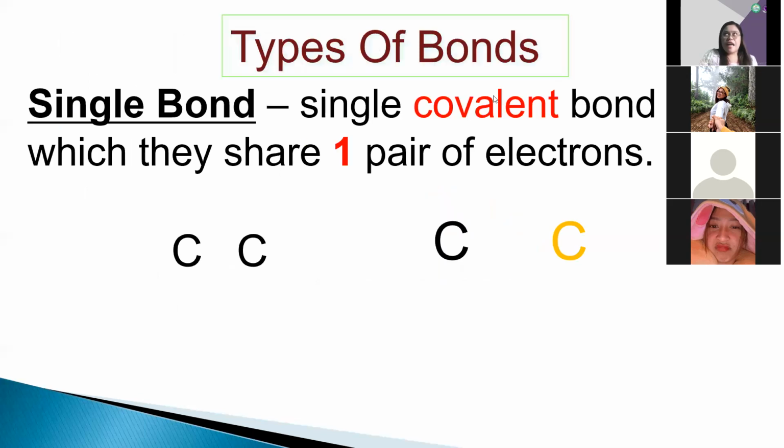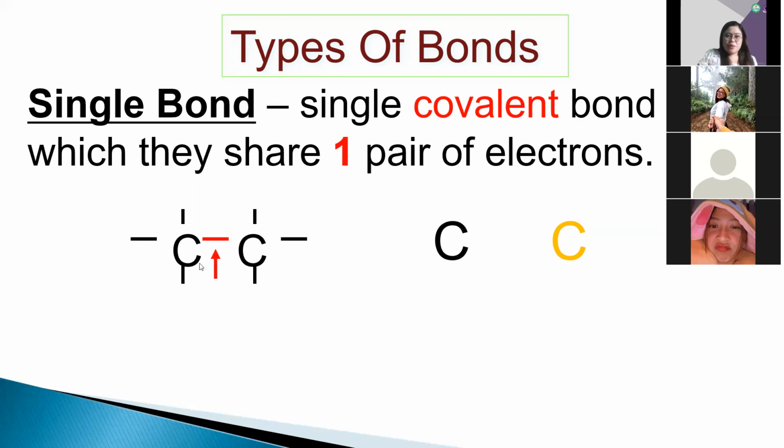Now, for organic chemistry, we have also types of bonds. We have the so-called single bond, which means there is a single covalent bond in which the atoms are sharing one pair of electrons. Pag sinabing one pair of electrons, it is composed of 2 electrons, ha?